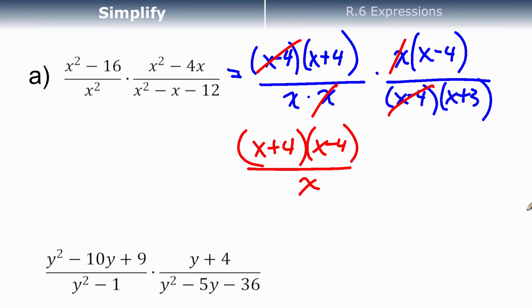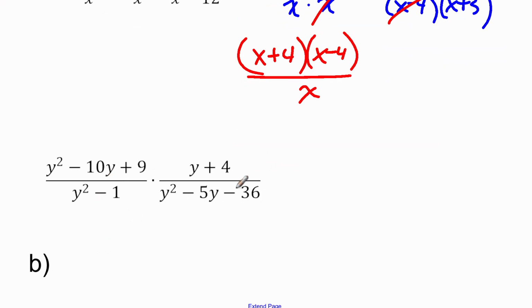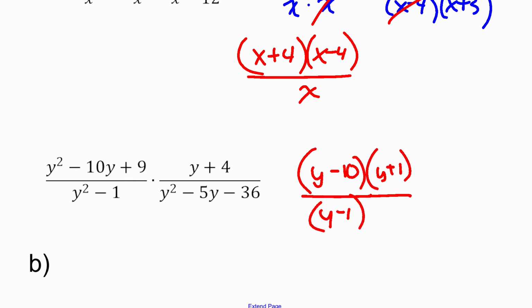Same kind of thing with this one on the bottom. I'll just do it quick for you. It'd be y minus 10, y plus 1. And this will be y minus 1, y plus 1. That's this. And then up here I have a y plus 4. And on the bottom, is this right? I don't think that's right.